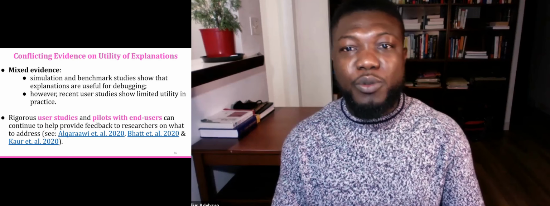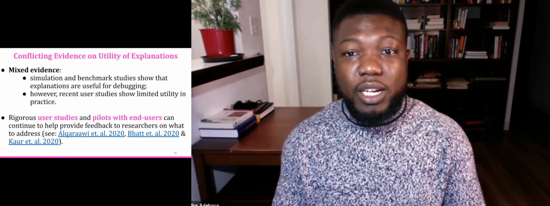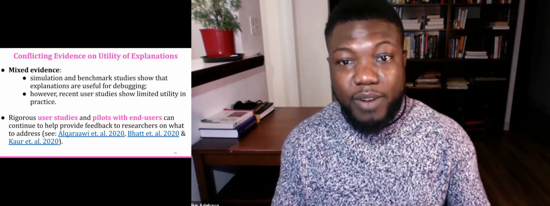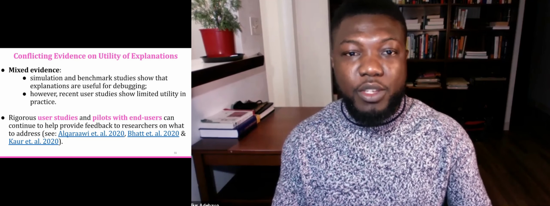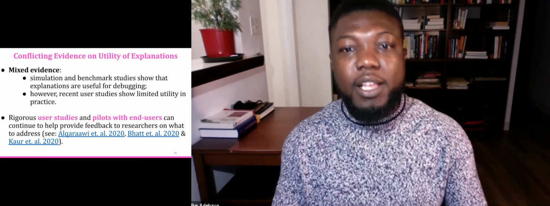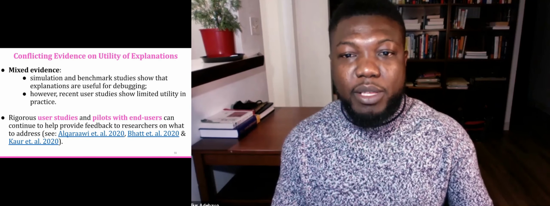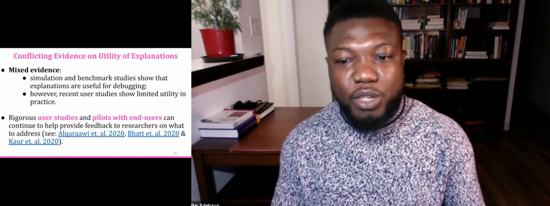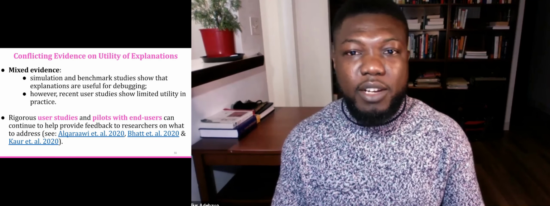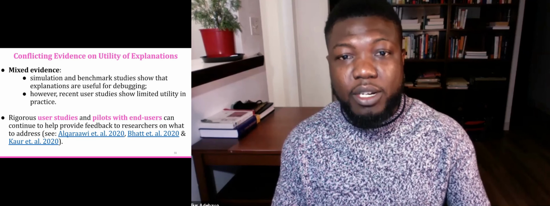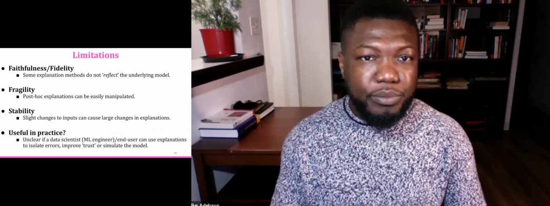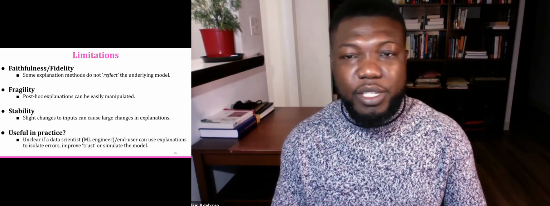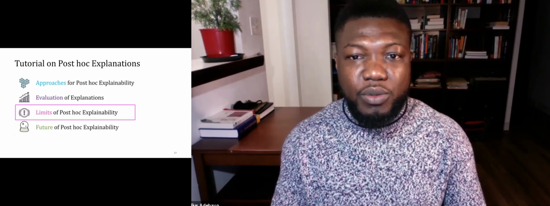So what this calls for is more rigorous studies that are clearly defined, that test methods under well-specified settings, for well-specified users and well-specified tasks, to be able to identify when a method is useful and for what purpose it is useful. There is some emerging work that we highlighted here, and there will be more discussion on this issue later in the future section. So now to conclude, we've discussed faithfulness, fragility, stability, and whether explanations are useful in practice.